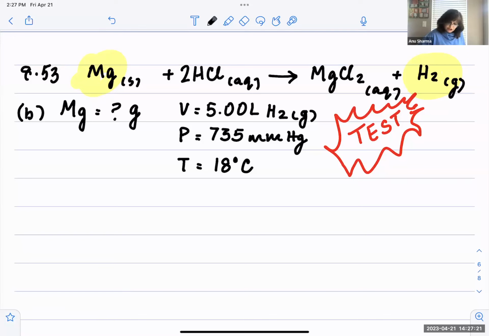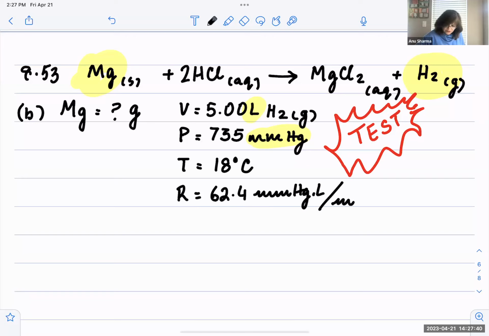So the volume of hydrogen is given in liters, which is good. The pressure is in millimeters of mercury, which is good, but that also tells us that the value of R is going to be different. The value of R is 62.4 millimeters of mercury times L over moles per K. Okay, now, how do you know about this? This is either on the test, sometimes it's given.